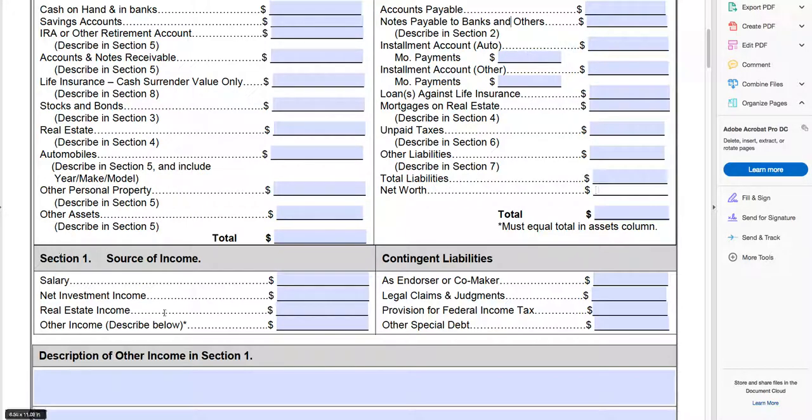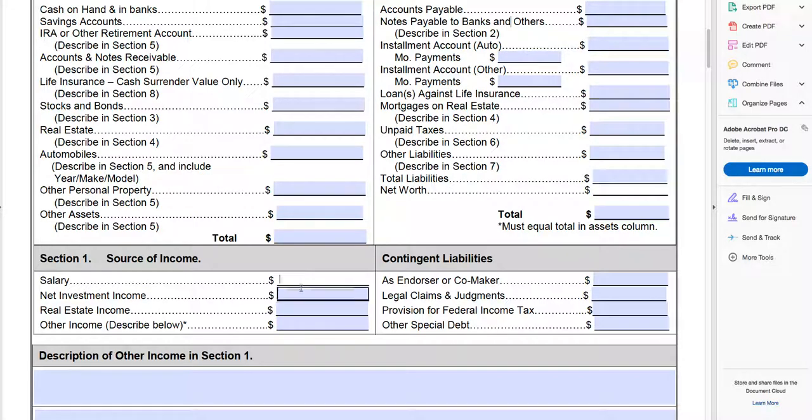The next section that's important is the source of income. The first one is the salary item, which is the salary of you and your spouse. Include the amount you report on your W-2 and 1099. The distribution that you take from your business should not be included here.